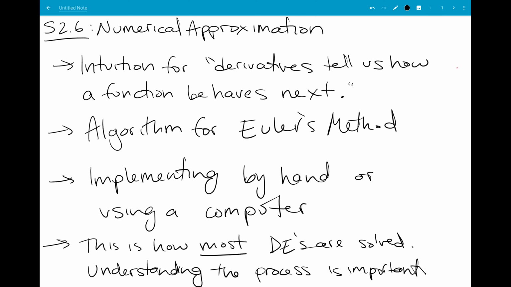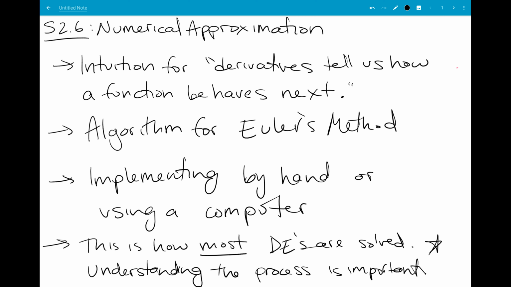And then what I want you to get out of this entire set of videos is really the idea behind the numerical approximation. So we're going to learn a whole bunch of different ways to solve differential equations in this class, but there are many more differential equations out there that you can't solve using the methods that we'll learn.